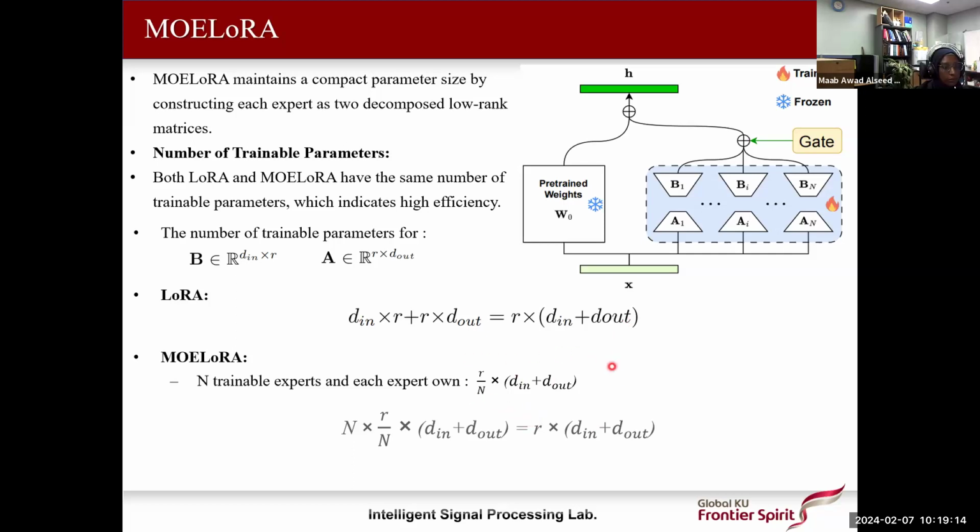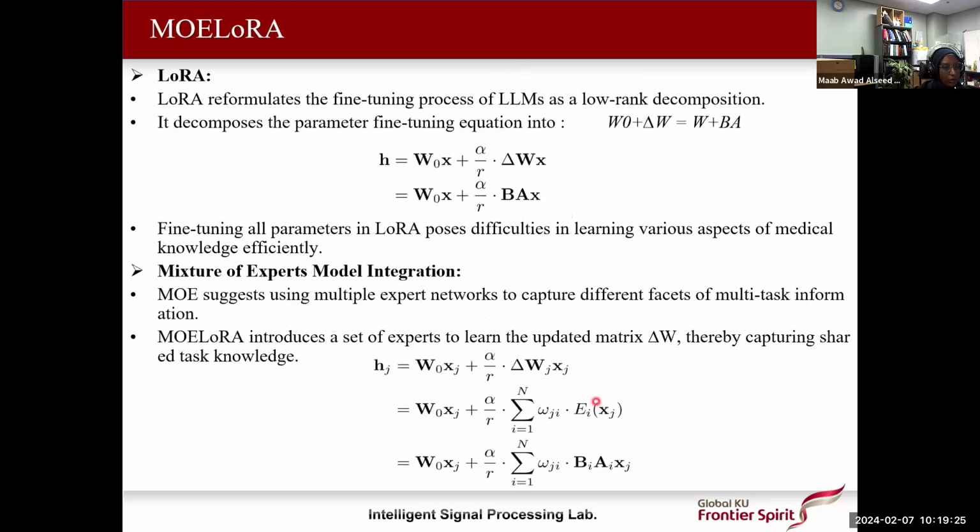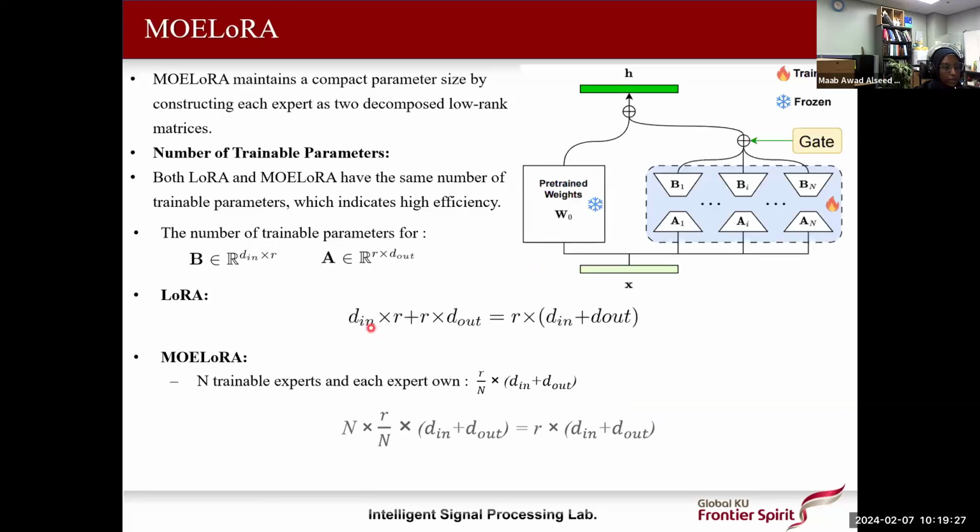So when we combine the whole parameters, for example in LoRa, the multiplication will be the dimension of the input by R and R by the dimension of the output. So this will be the whole number of parameters being trained.